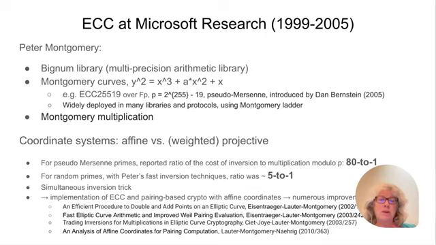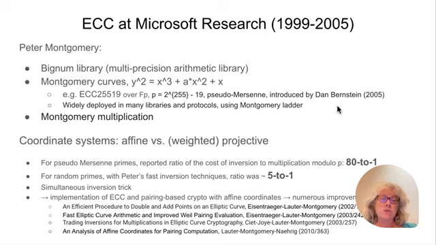Now, ECC 25519 was not being considered and deployed at that time, in roughly 2000 to 2005, when I was working with Peter. And in fact, for those kinds of pseudo-Mersenne primes, the reported ratio of the cost of inversion to multiplication was something like 80 to 1, because you could do very fast modular reduction with Mersenne or pseudo-Mersenne primes.